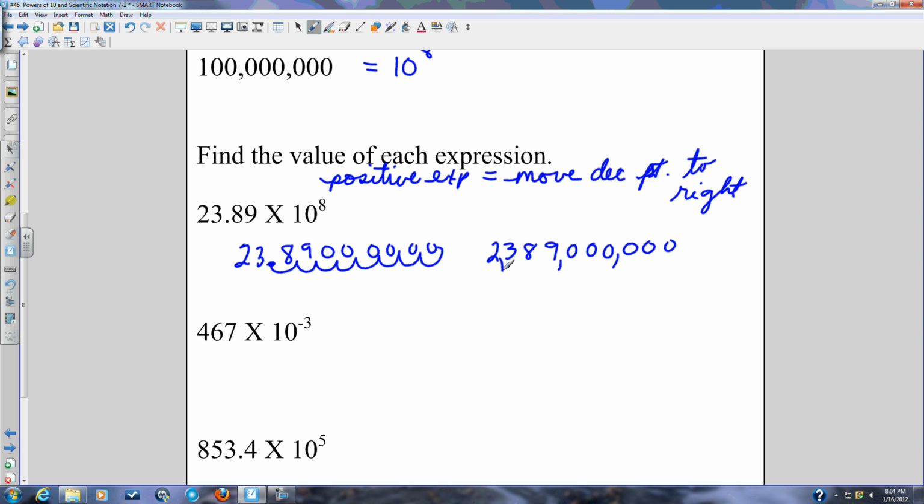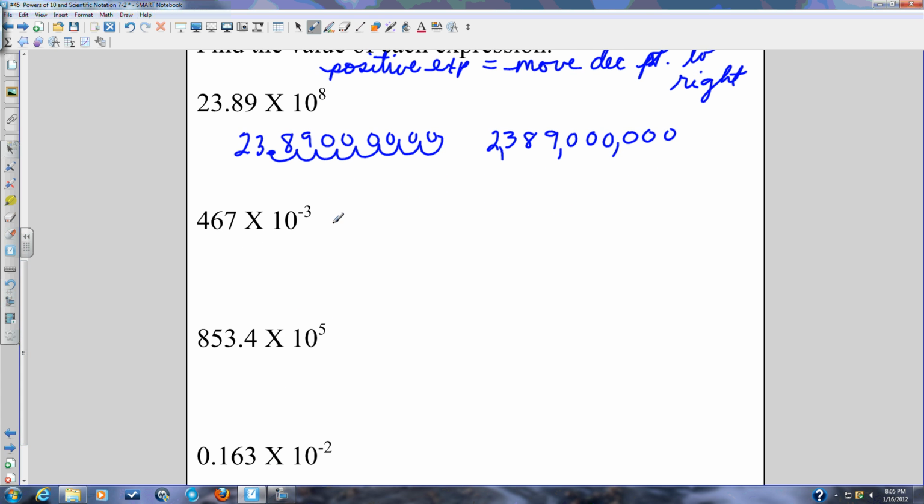So 2,389,000,000. Now, moving on to the next one. 467 times 10 to the negative third power. The negative exponent tells you that you are going to move the decimal point to the left. So let's write that down.